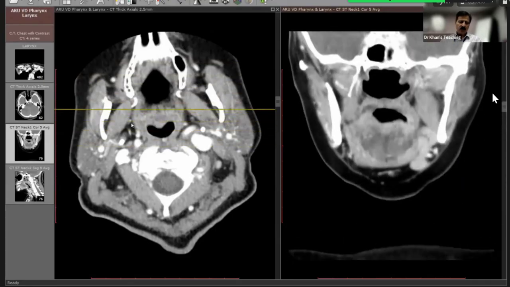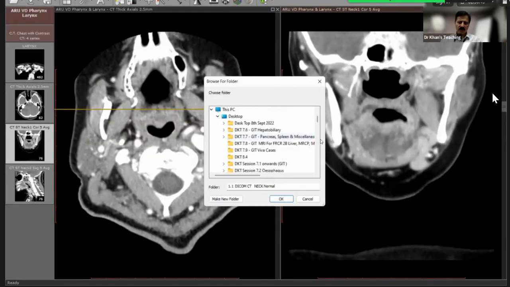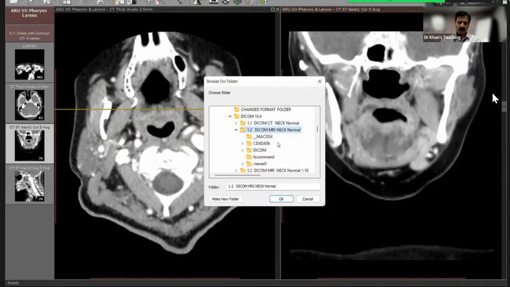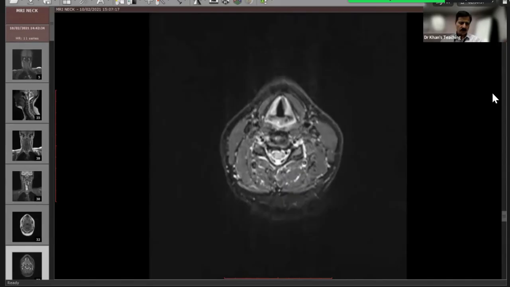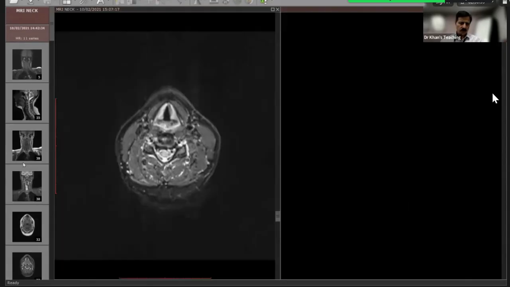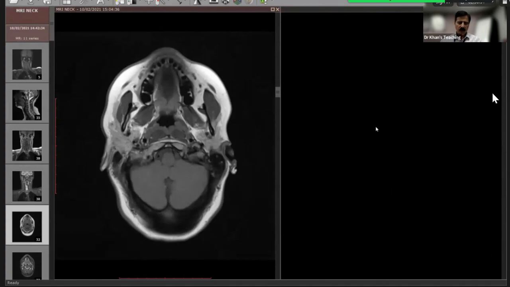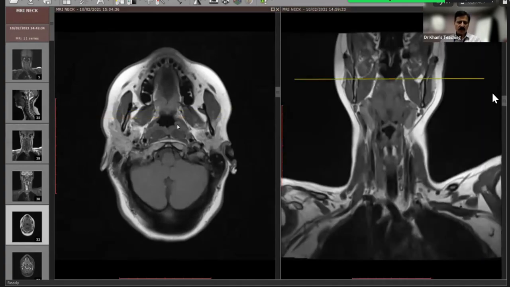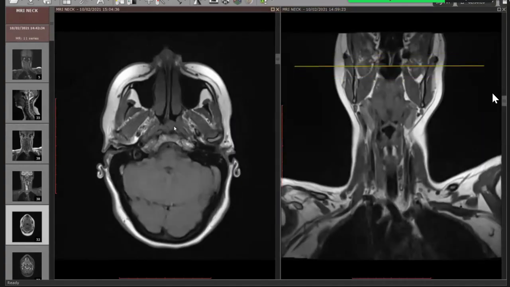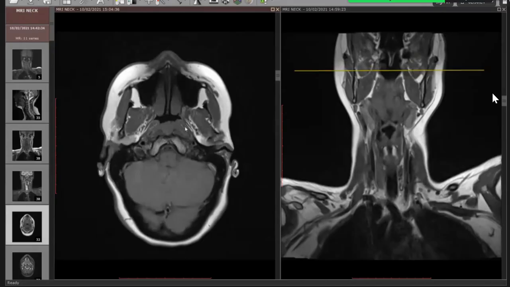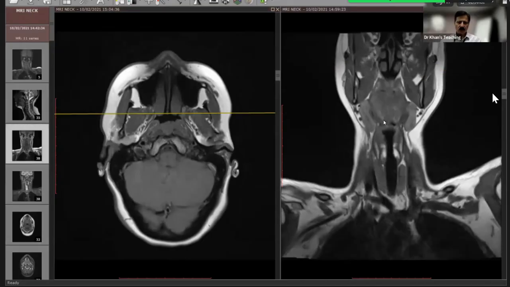Now, let me show you an MR for this. So candidate 1, you can see the MR? Yes. So now this is a T1 weighted sequence and this is a T1 coronal.